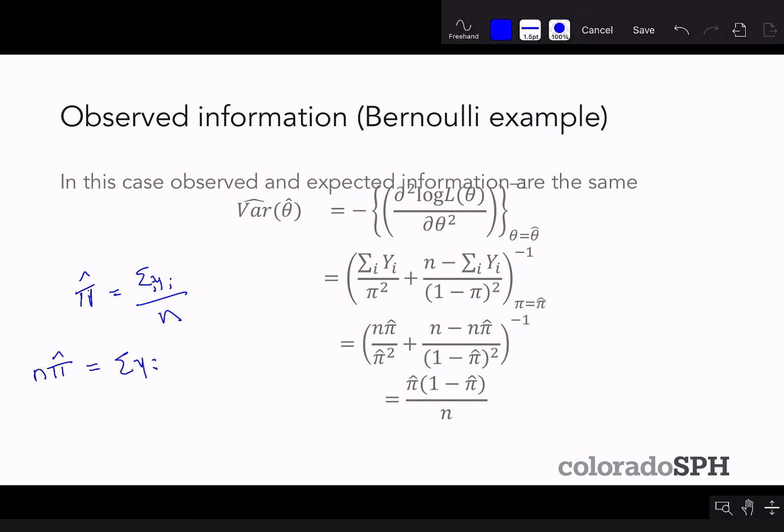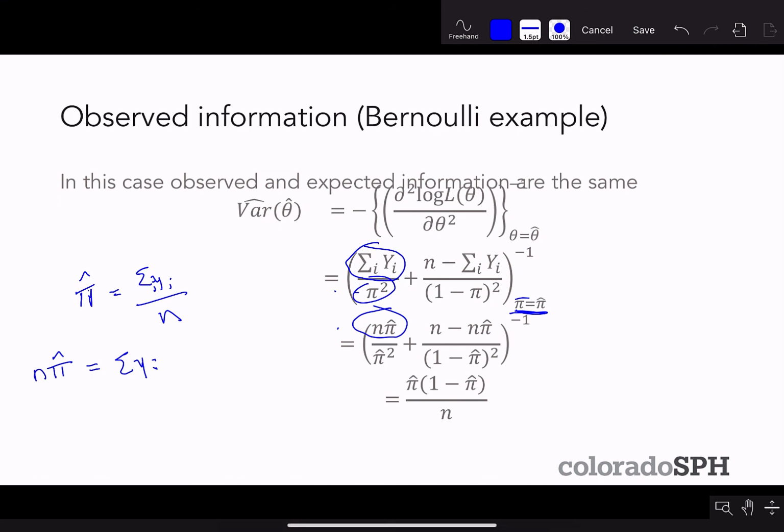That's what's happening between this step and this third step. We're substituting the sum of yi for n pi hat, and then down below we're substituting pi hat for pi because we're evaluating this observed information at pi equals pi hat.